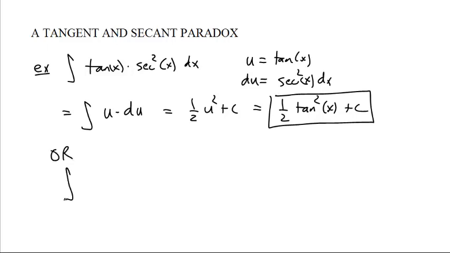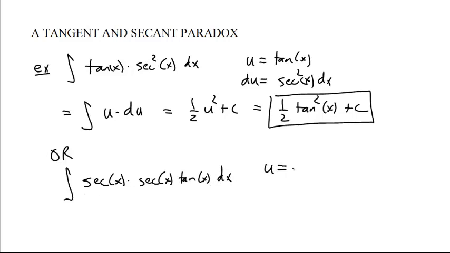you didn't immediately think, oh, it's all tangents and a secant squared. Maybe you looked at this as secant of x times secant of x tangent of x. Maybe I put the secant first, and you thought, oh, this is some number of secants with a secant tangent at the end.